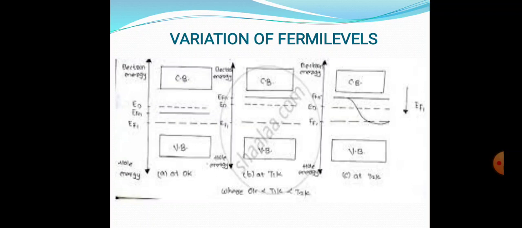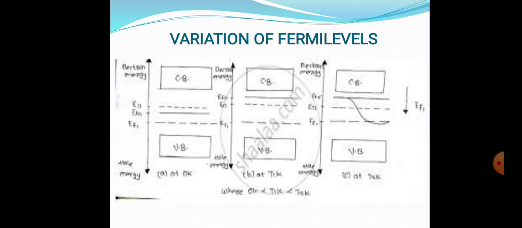Further, once we have formed the n-type semiconductor or p-type semiconductor, the variation of the Fermi level with respect to temperature is very important. For ease, I took only the n-type semiconductor.